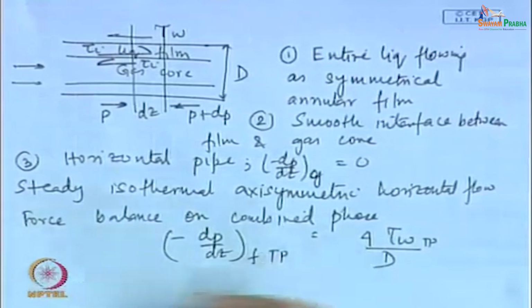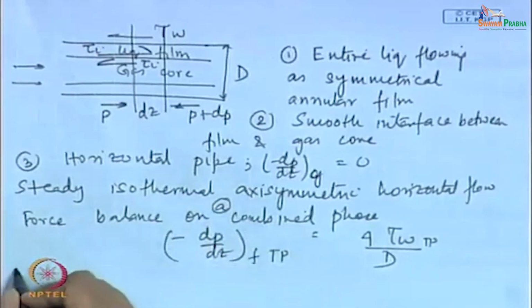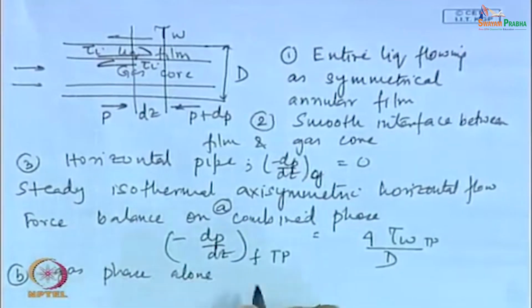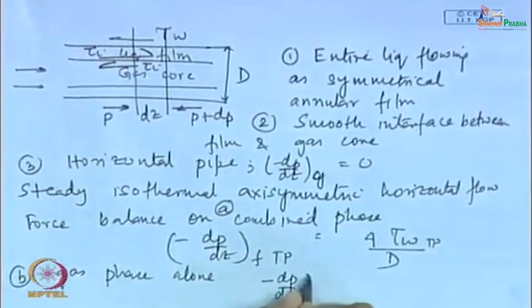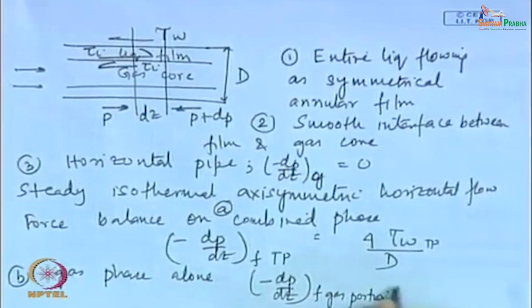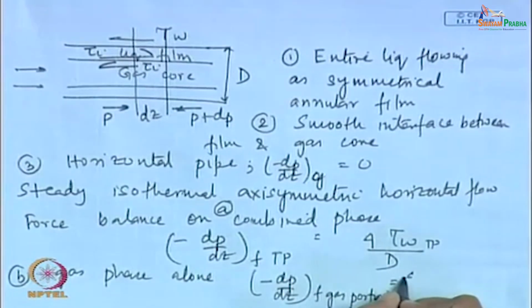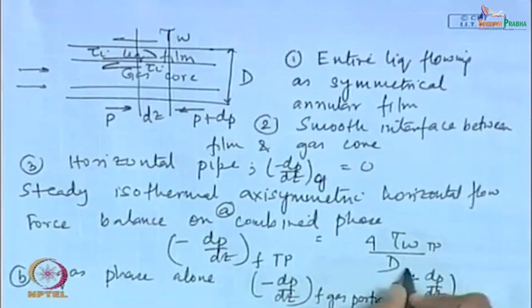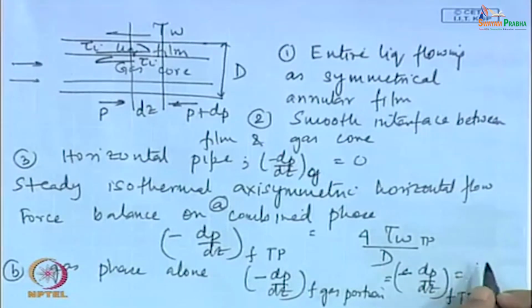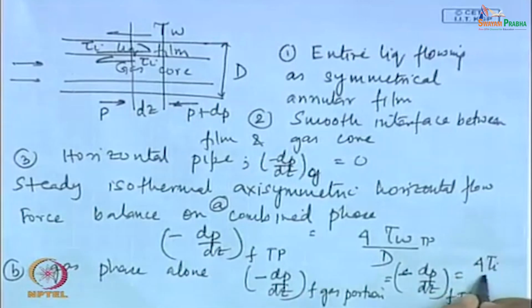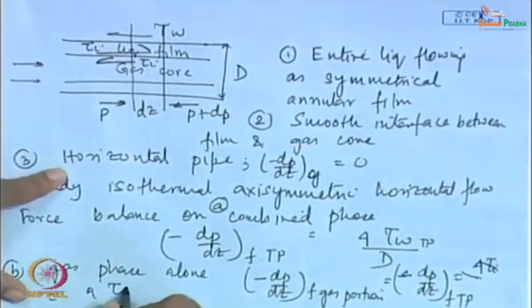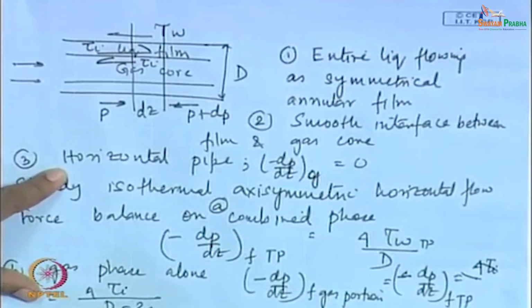Now, force balance on the gas phase alone. What will we get? We will get minus dP/dz f for the gas portion, equal to minus dP/dz f two phase, which will be equal to 4 tau I divided by (d minus 2 delta).